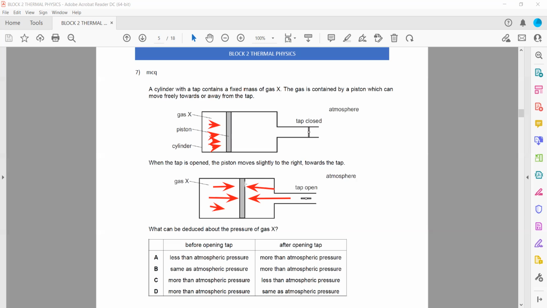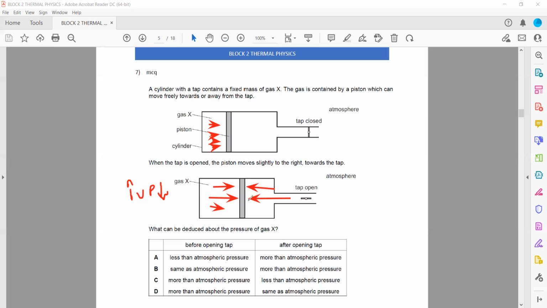So what can be deduced about the pressure of a gas before opening the tap? It means the pressure was higher. That's why the moment we open the tap, the gas pushes the piston towards the right hand side. As the volume of the gas increases, the pressure exerted by the gas decreases.